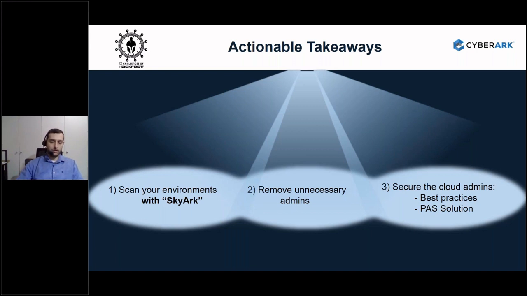For example, the storage team leader will be identified with our scan, and we could constrain and fix his permission policy. And then, of course, secure the cloud admins that are there, because in every environment there will still be some admins that are needed, but make sure they are well secured.